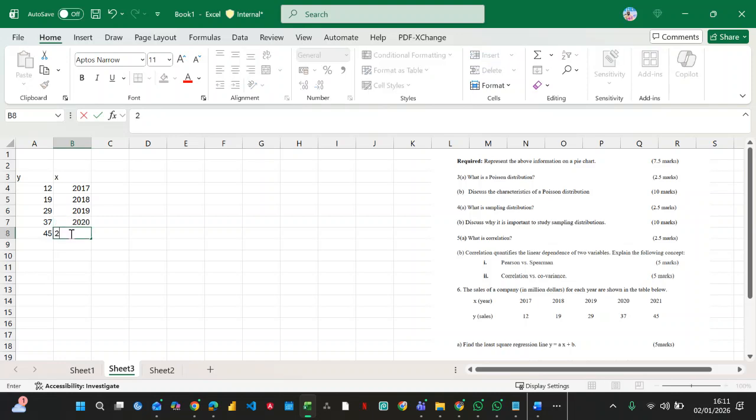All these ones I'm solving up here, I do both so you understand. These ones are just summations. So summation of x squared is now equal to 55. And then summation of xy is 51.